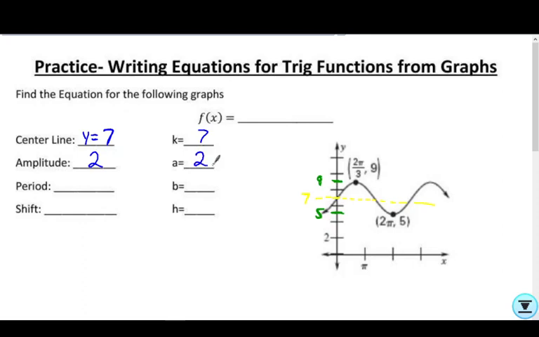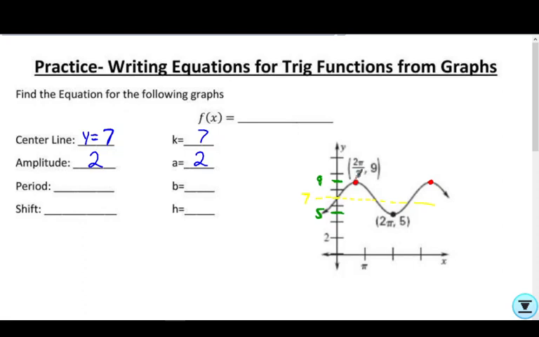Okay? Now, at this point, we need to find our period. Okay? So it doesn't matter which trig function I'm using. If I wanted to, I could use from max to max to find my period.